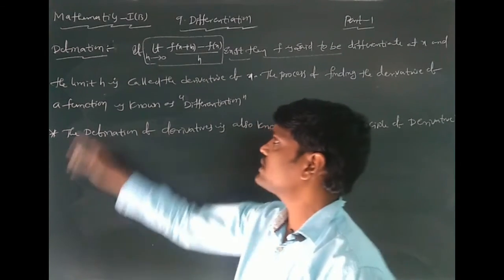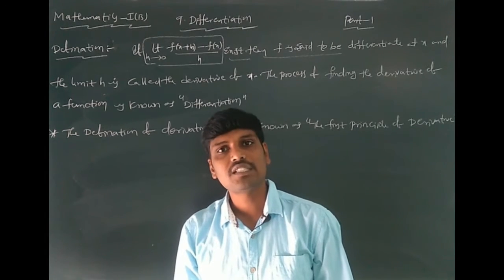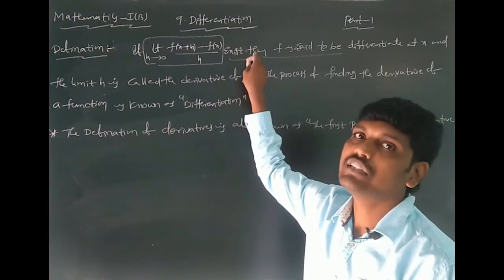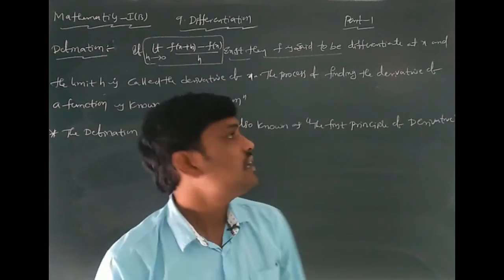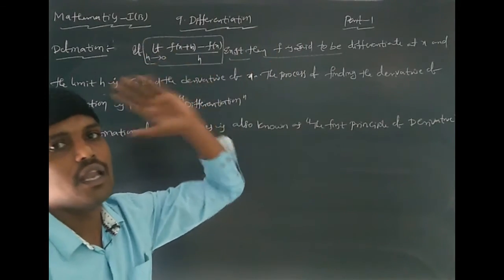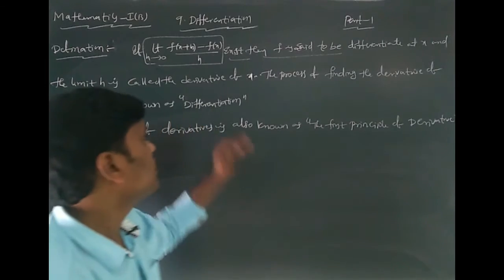Once again, students, if the limit as h tends to 0 of f of x plus h minus f of x by h exists, then f is differentiable at x, and the limit is called the derivative of f at x.